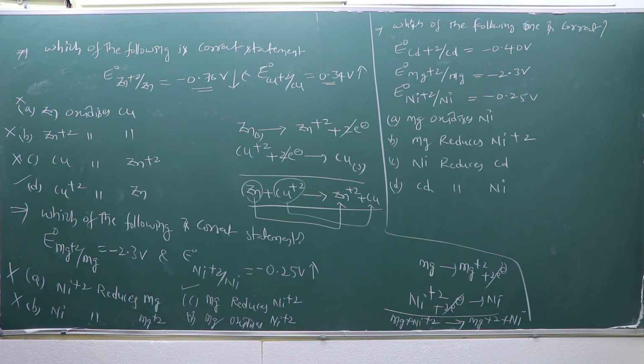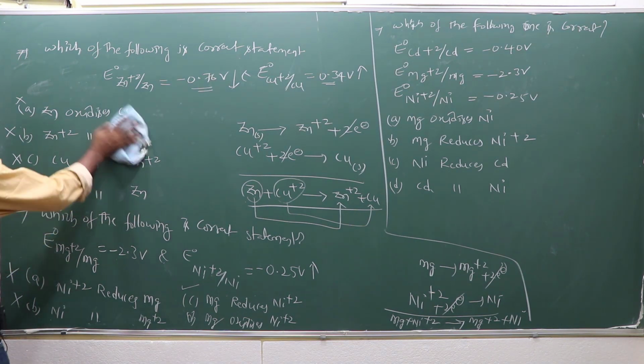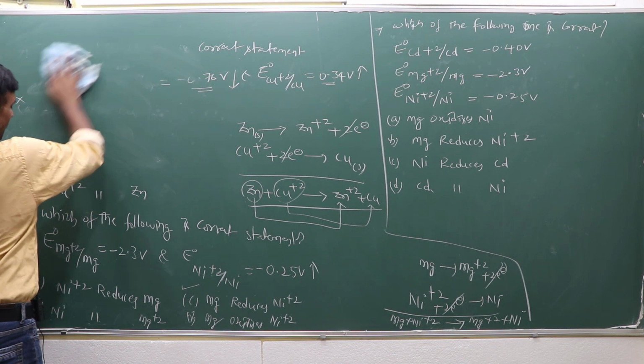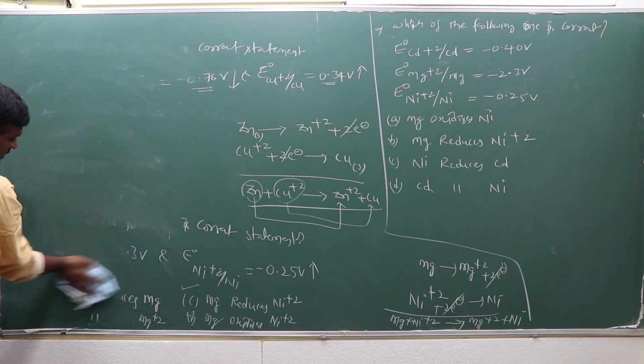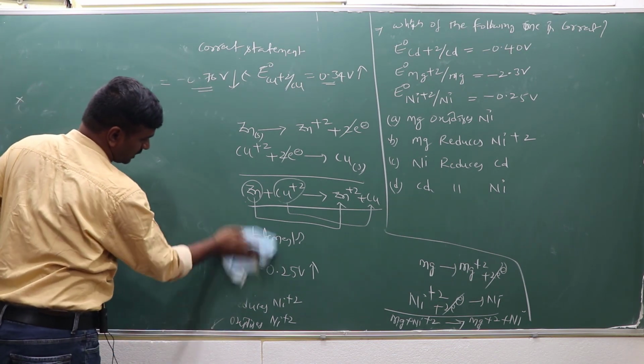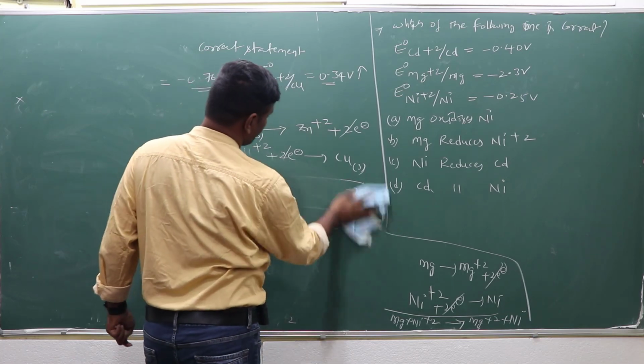The given data, right? So how can you calculate from the given data? You write the reactions. First you compare the standard reduction potential values, whether they are given or not. First you can check them. So the given values are standard reduction potentials. That means it is M plus n going to M, that type.